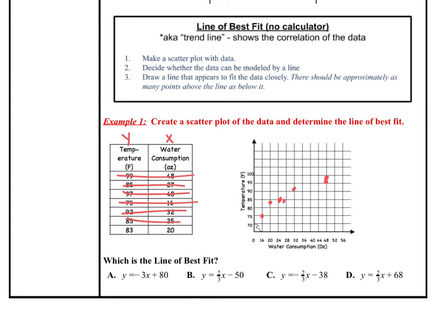So that means that we are going to decide whether this data can be modeled like a line. Well, it generally looks like it's a linear shape. We can draw a line through it to represent it. So I'm going to do that. And I want about as many points above the line as below it. So I think actually right now I need to move this, maybe about there.